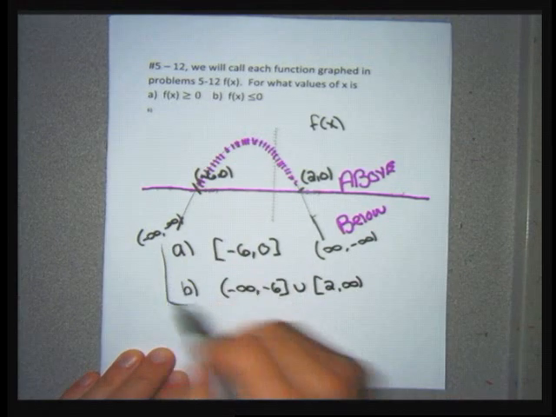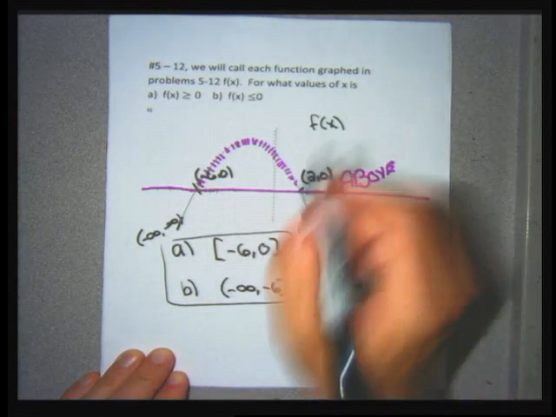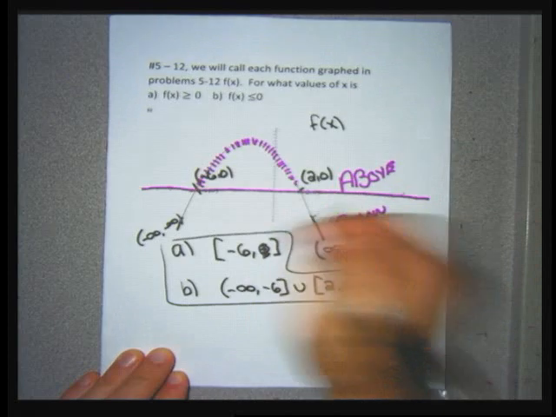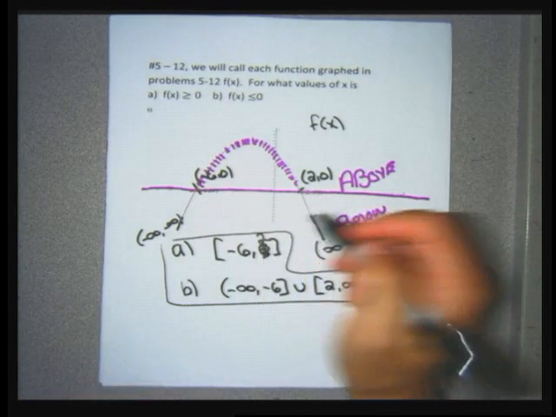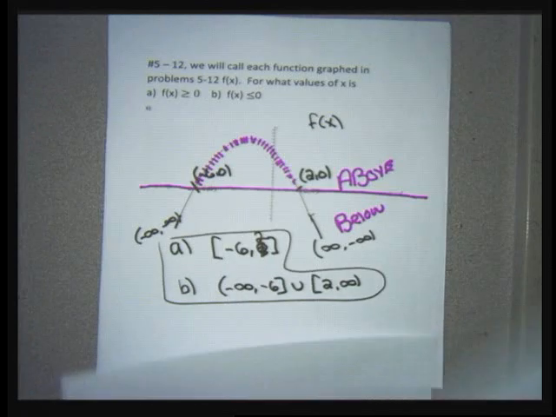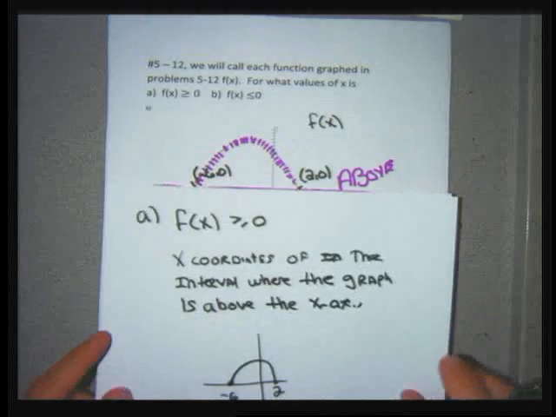I put square brackets for all the non-infinity numbers. This should be 2 right here because it's between negative 6 and 2. And if I wrote that, I messed up. So when I wrote the answer to where it's above the x-axis, I'm only supposed to write x coordinates.